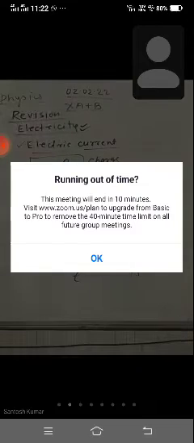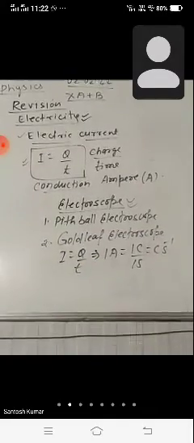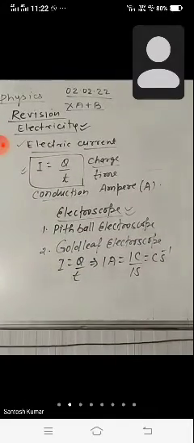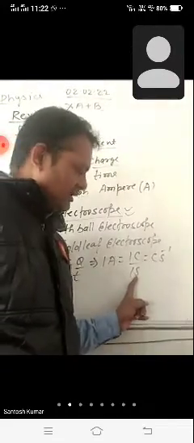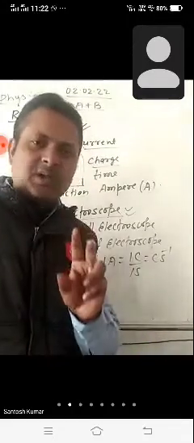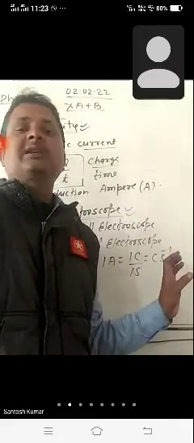This will also help you define the term 1 ampere of current in a circuit. You can say the current flowing in the circuit is 1 ampere when 1 coulomb of charge flows in 1 second, or in other words, when the charge flows at the rate of 1 coulomb per second.